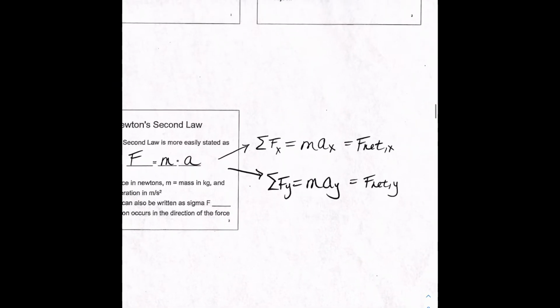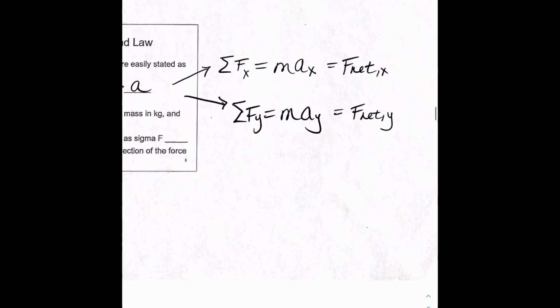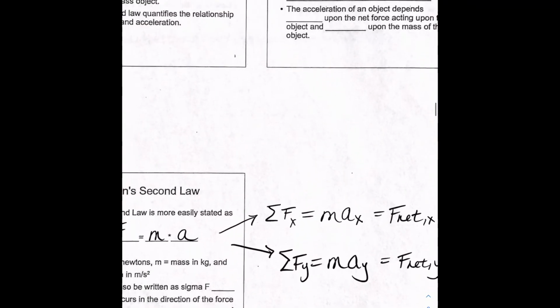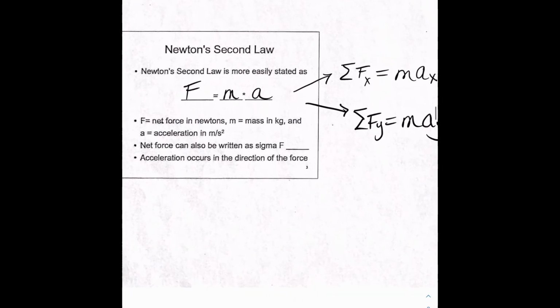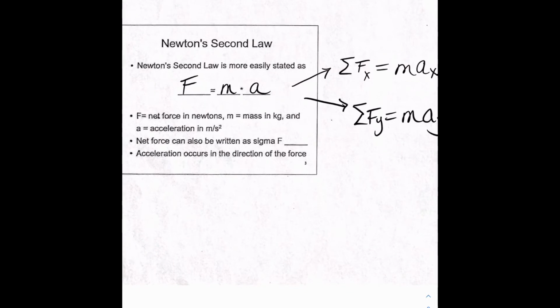Okay, so when we say sigma F, we mean the same as F net. All right, and I can go ahead and fill that in. Net force can also be written as sigma F. And I just wanted to put that symbol on there in the note guide.